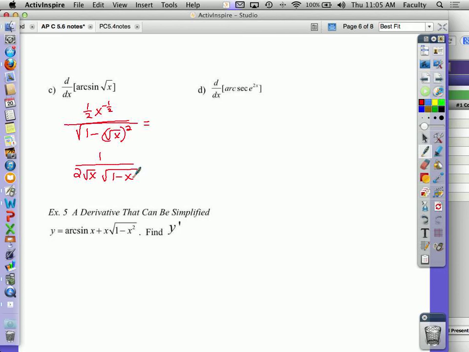All right, arc secant. So arc secant says I take the derivative of the inside. The inside is e to the 2x. So that's e to the 2x times 2 over the absolute value of e to the 2x times the square root of e to the 2x squared minus 1. Now I need to tidy this up a little bit.